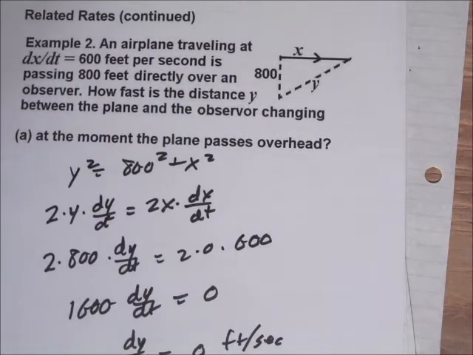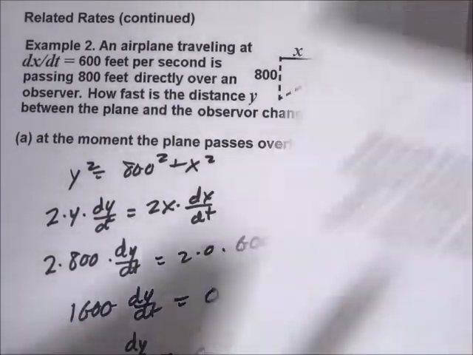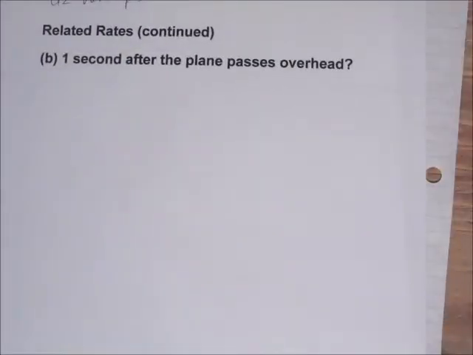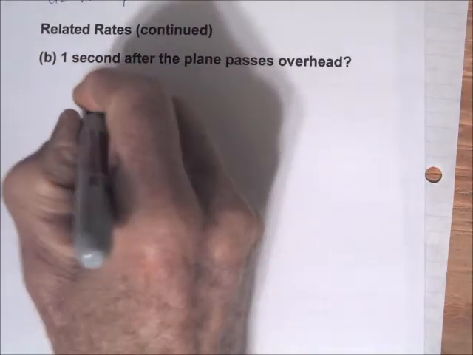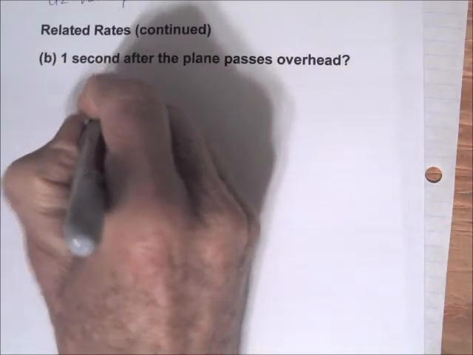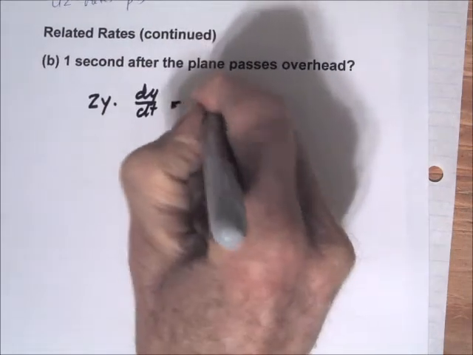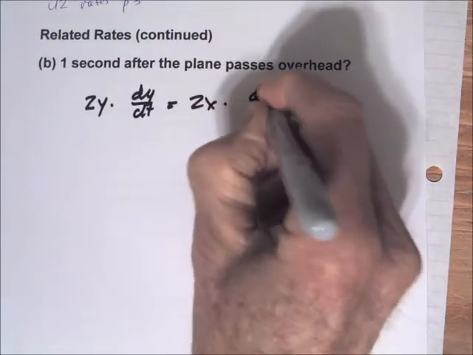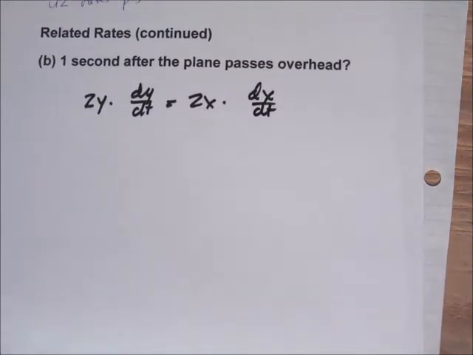So we can use the same formula we had before: 2y times dy/dt is equal to 2x times dx/dt.